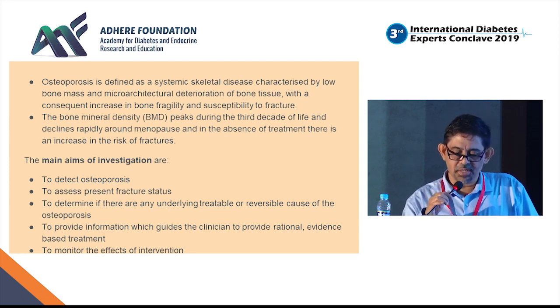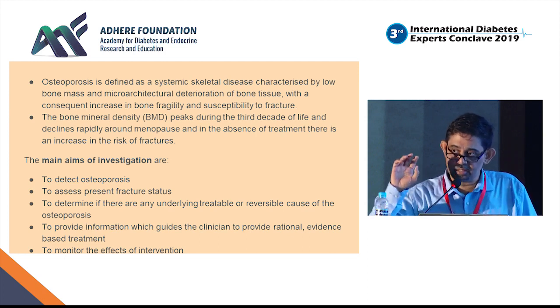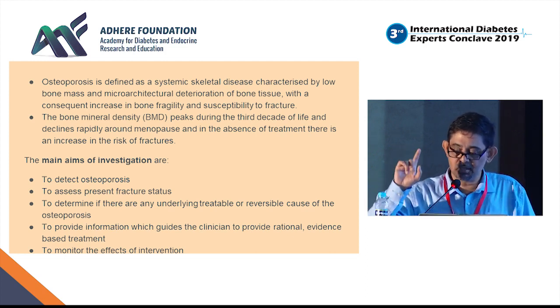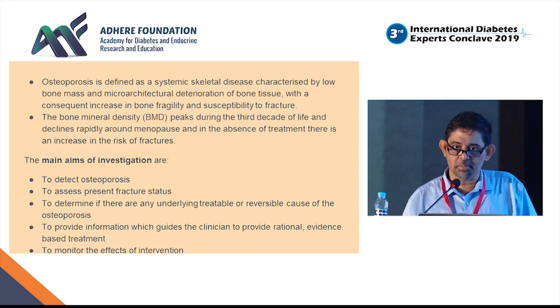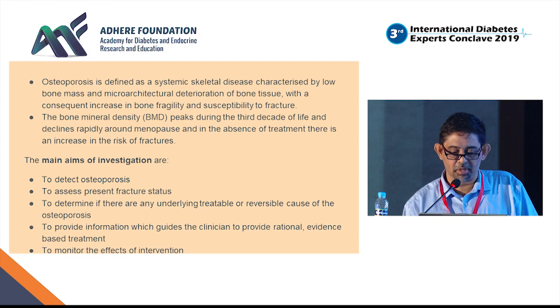So why do we investigate such patients? The first is, of course, to say that this patient is osteoporotic or not. The second is, and this is very important, to predict which of these patients are going to fracture in the next 10 years or so. And this becomes a very, very important consideration, because this tells us that this is the patient that requires medication, number one, and what are the medications that can actually potentially prevent a fracture from happening.